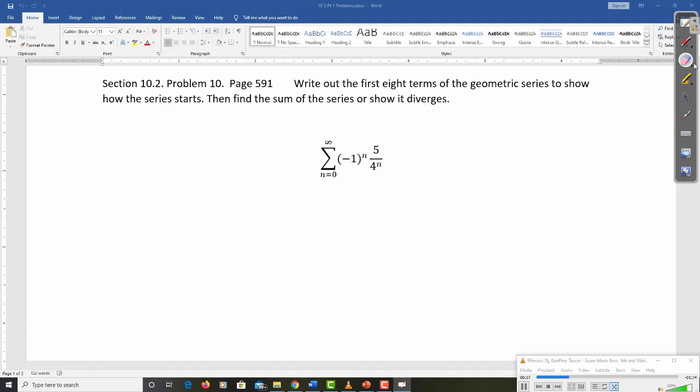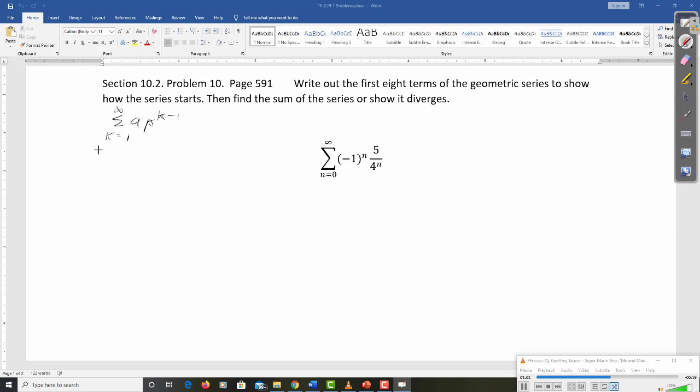Let's look at this one. So this is a geometric series, the problem tells us it is. It may look a little bit odd, but it is indeed a geometric series. So let's see here. Geometric series run k equals 1 up to infinity of a r to the k minus 1.